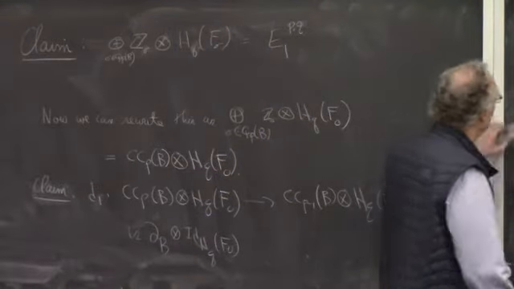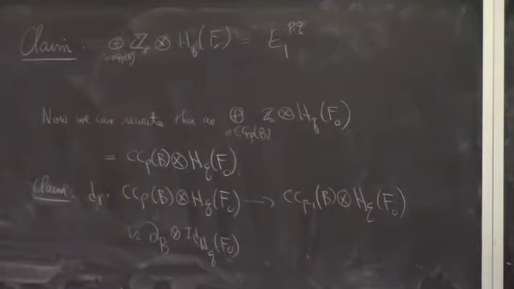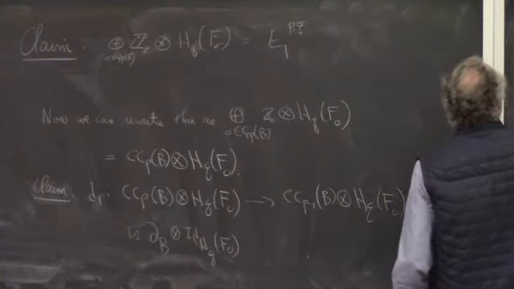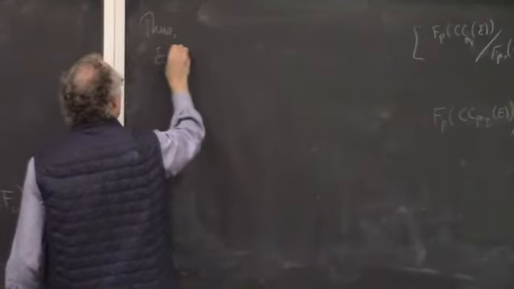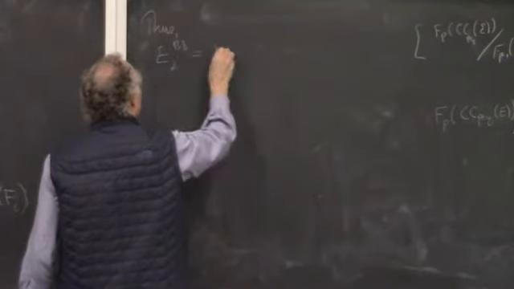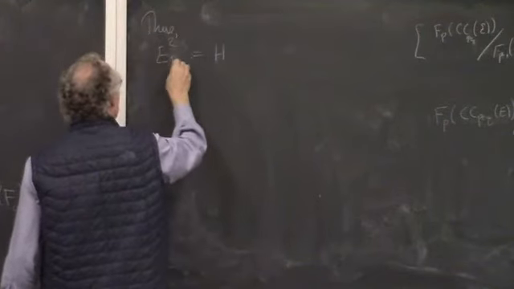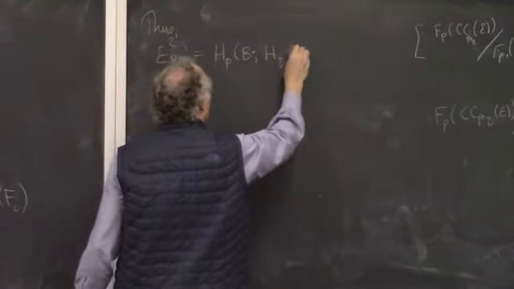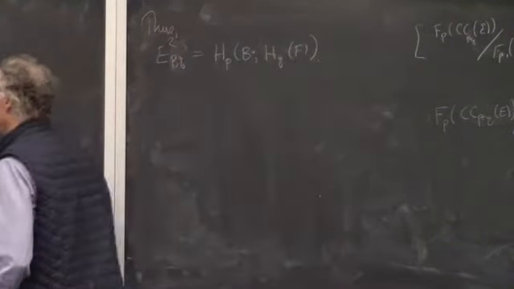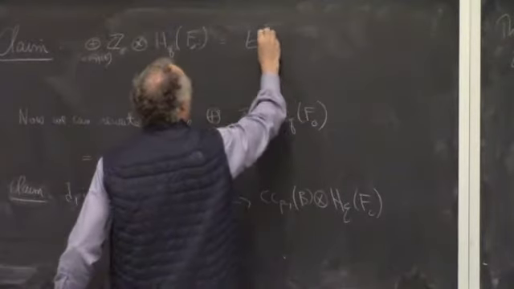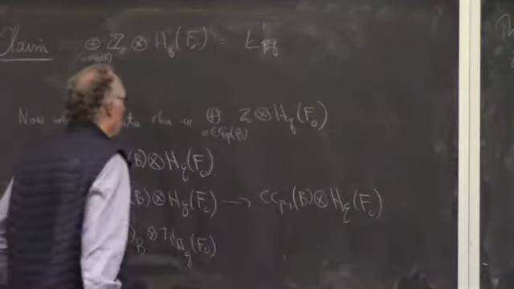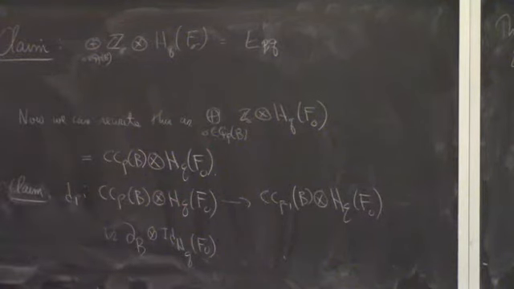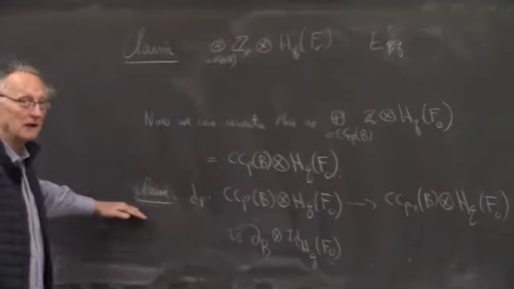And then you immediately conclude from these two claims, thus, E2 is, I'm sorry, is H_P of the base, which is, without doing homology, so these are the two basic claims.